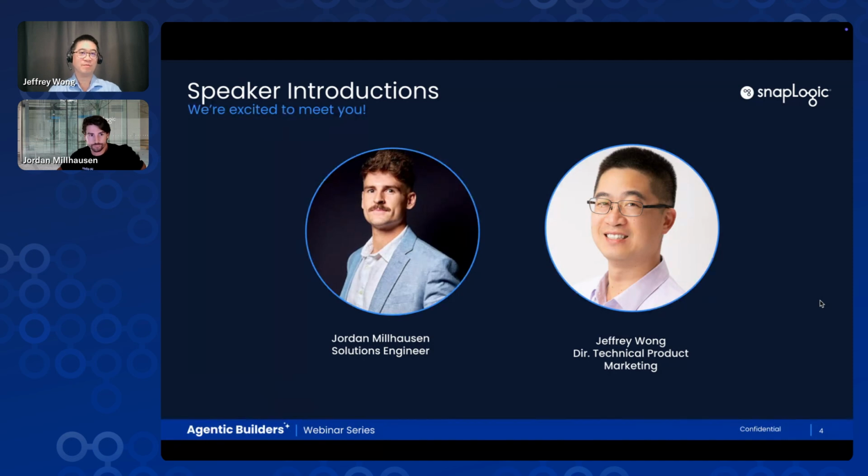Like I said, my name's Jeffrey, and we have the honor of being joined by Jordan Millhausen, a solution engineer here at SnapLogic. His job is to help explain technology to customers and show them what is possible with it, and like I said, peel that onion and show them how to approach solving their challenges.